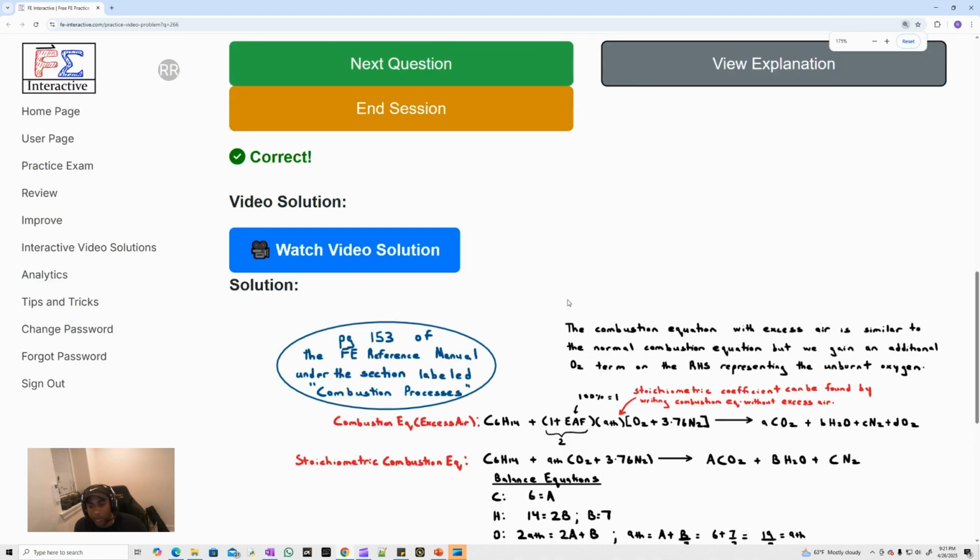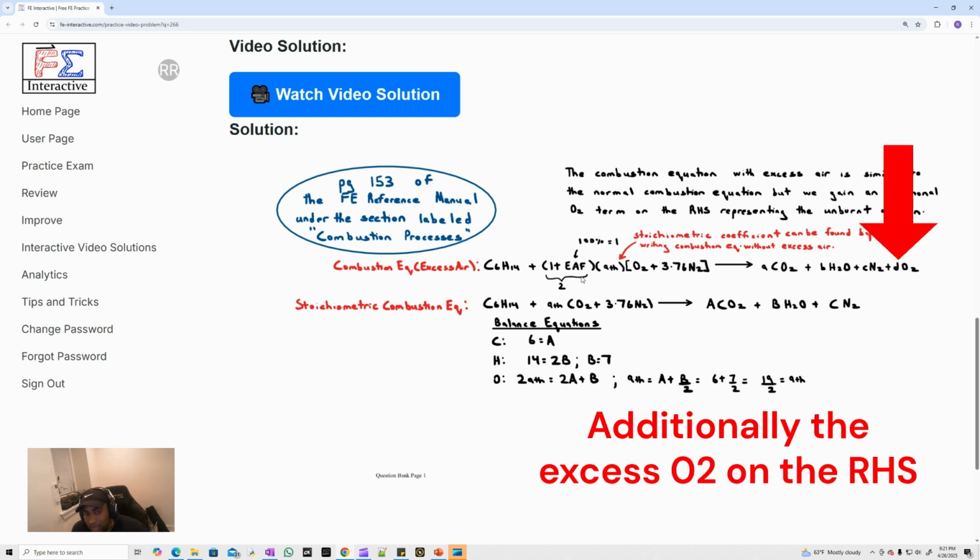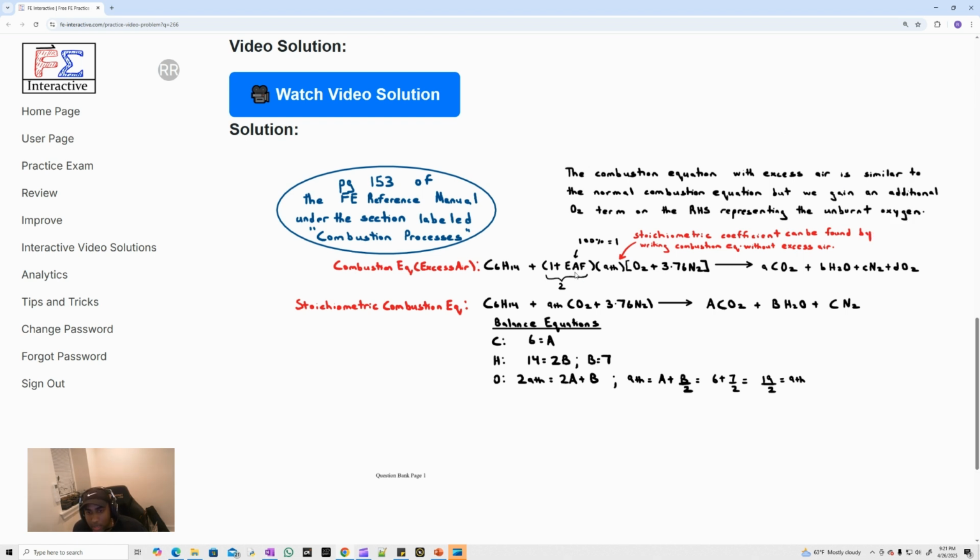Let's quickly review what we did. We were looking for the air to fuel ratio. That's a ratio of masses. It's the mass of air per unit mass of fuel. What we did was we wrote down the stoichiometric combustion equation as well as the actual combustion equation with excess air. The only difference was that the actual combustion equation had the 1 plus the excess air fraction, which was 100% for our case.